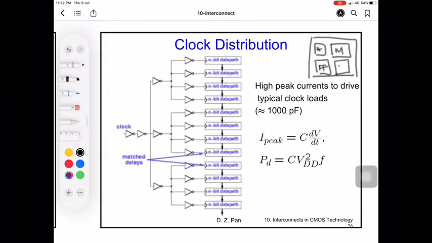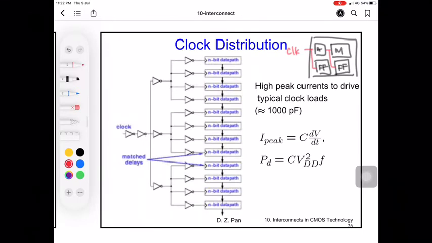Here, all these blocks have to be connected to the clock. And because each block has to be connected to the clock, the clock will run very long wires inside the chip. So there are many strategies to do the clock distribution in the chip.